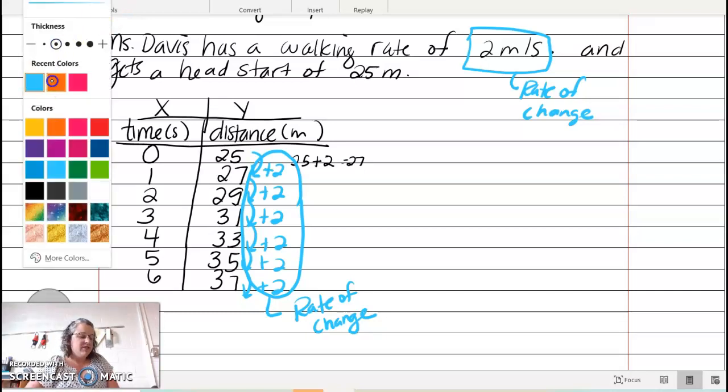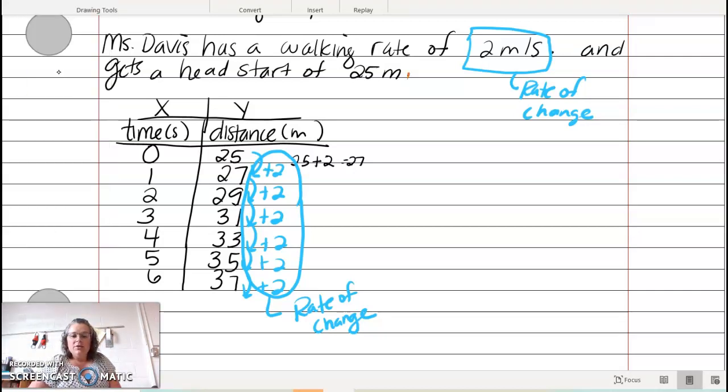Also, we should see that her head start shows up. So I'm going to pick an orange color here. So her head start was 25. We like to call this the starting value. And the starting value, her starting at 0 time, happens to be showing up here at our table.